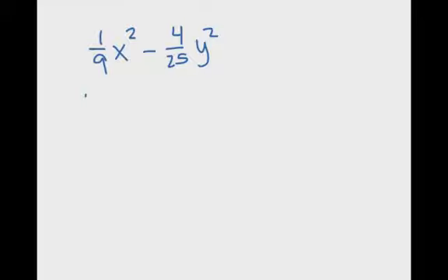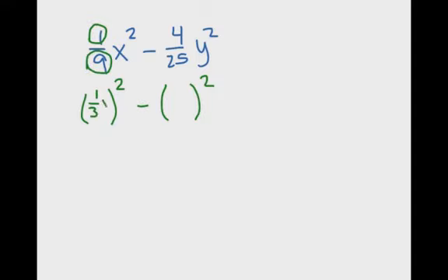So we're still going to write it as something squared minus something else squared. The tricky thing about fractions is we can't look at it right away and think of the square root. Maybe you can, but maybe you can't. So a trick is you can take the square root of the top, which is going to be 1, then the square root of the bottom, which is going to be 3, and then tag on our x.